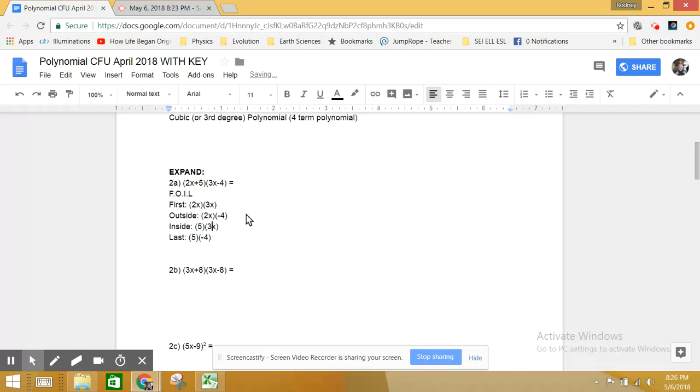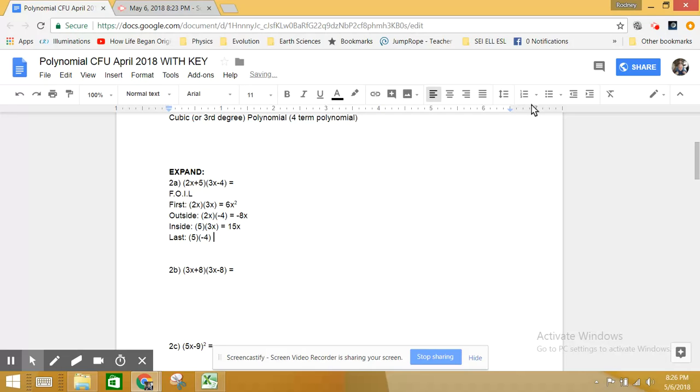Okay, now let's simplify each part of this. 2x times 3x is 6x squared. 2x times negative 4 is negative 8x. 5 times 3x is 15x.